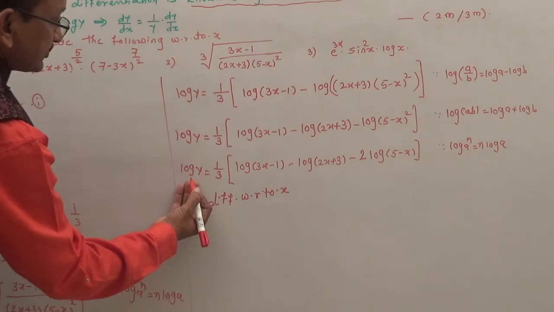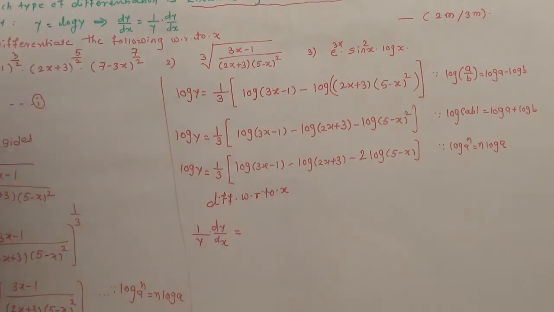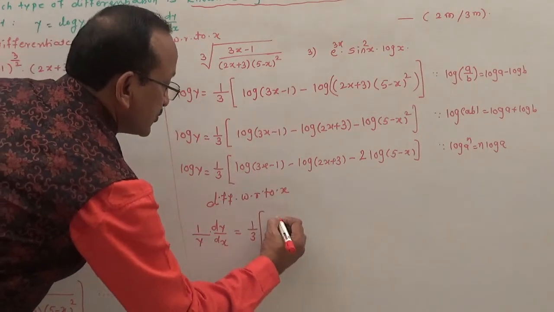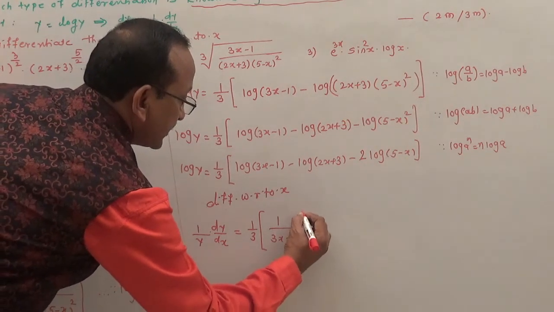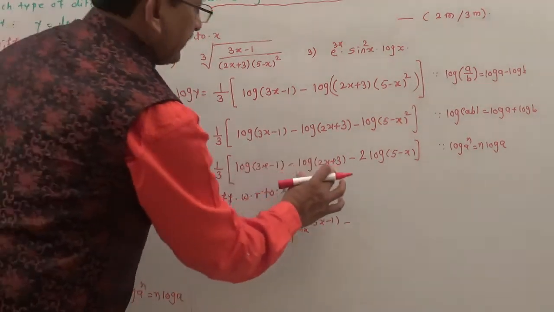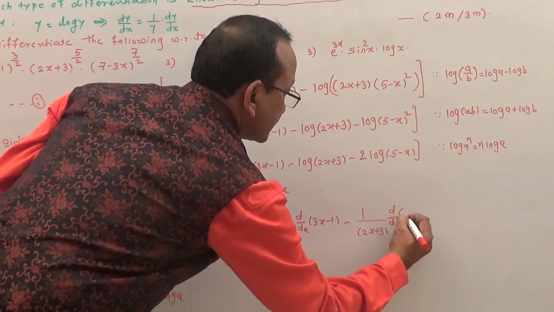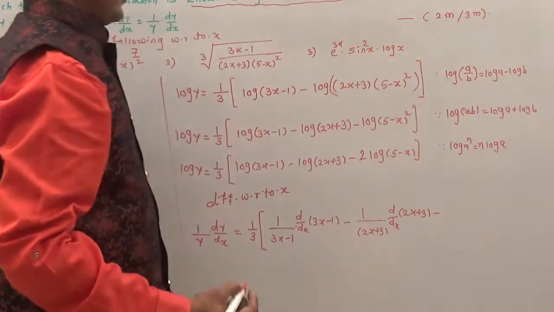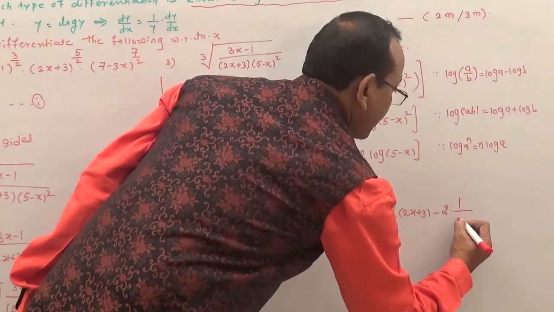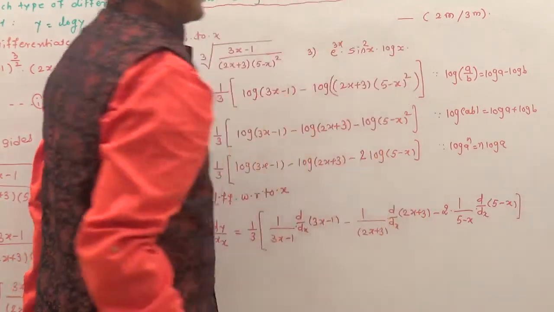Apply here: derivative of log y is 1 upon y into derivative of y, which is dy by dx, is 1 upon 3 into bracket, derivative of log is 1 upon (3x minus 1) into derivative of (3x minus 1), minus derivative of log is 1 upon (2x plus 3) into derivative of (2x plus 3), minus 2 times derivative of log (5 minus x) is 1 upon (5 minus x) into derivative of (5 minus x).